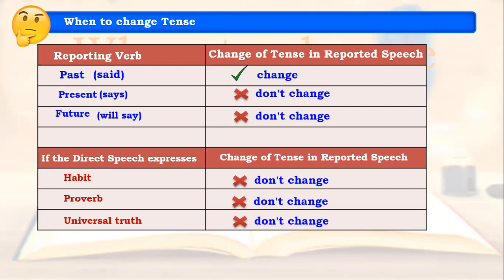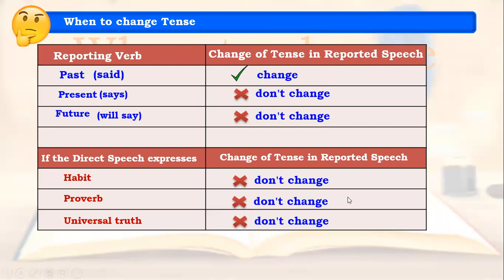I'll repeat. Whenever in a reported speech, that is in the inverted commas, we have habit, proverb, or universal truth, in spite of having said as a bahar ka verb, we are not supposed to change the tense. So these are the situations in which we are not supposed to change any tense of any sentence.